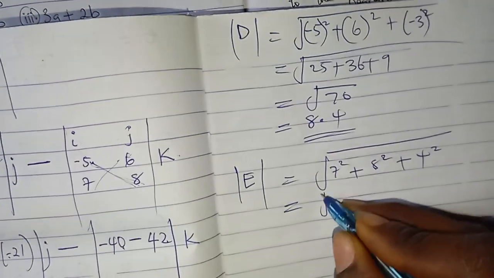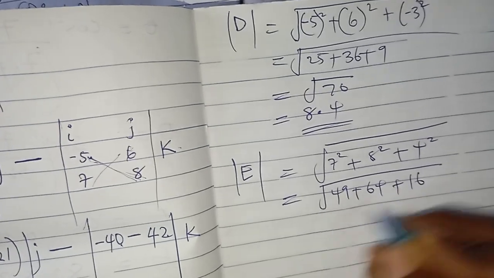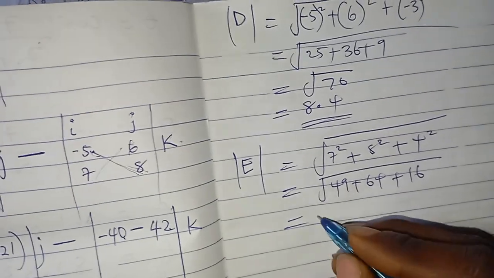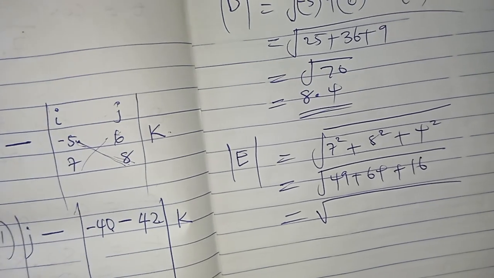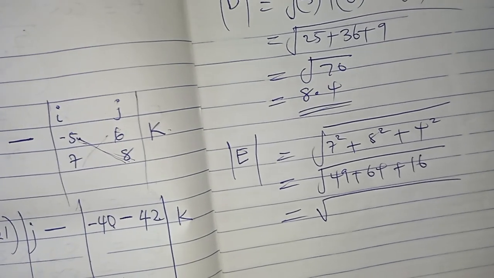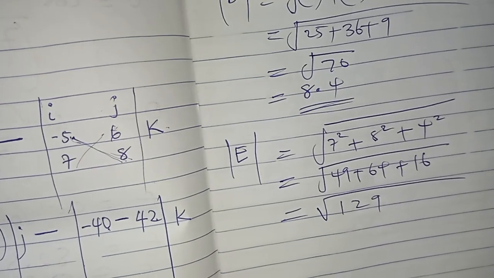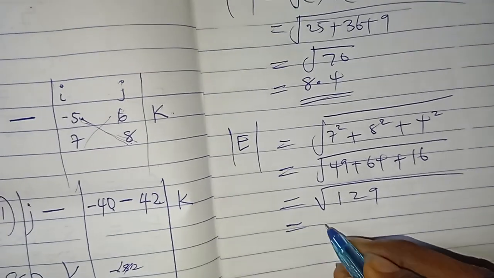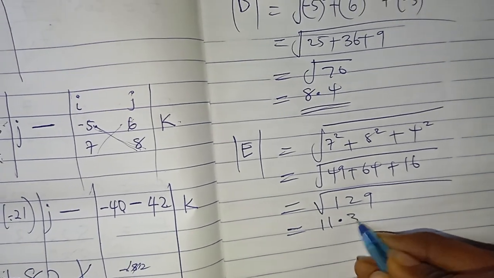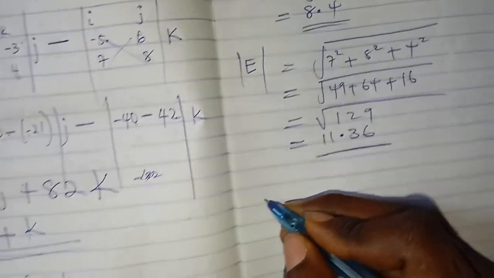This will give me square root of 49 plus 64 plus 16, square root of 129. So this should give me 11.36.